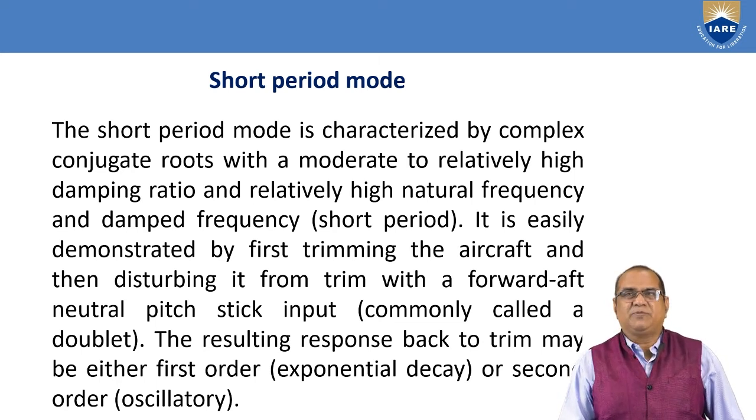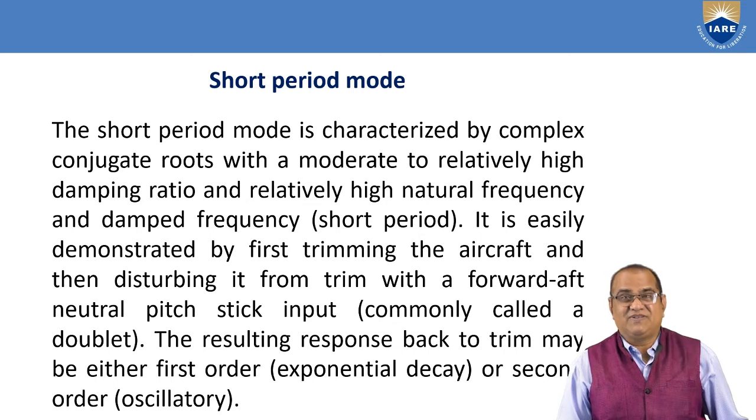The short period mode is characterized by a complex conjugate root with a moderate to relatively high damping ratio and relatively high natural frequency and damped frequency. So in this, the frequency will be high, the damping frequency will be high.